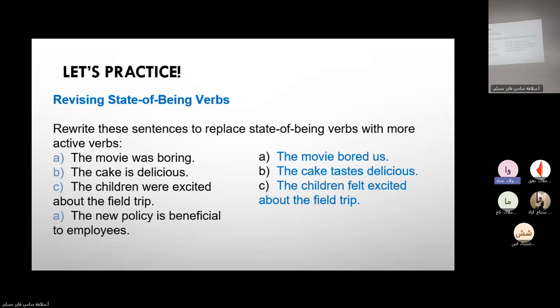I would say the new policy sounds beneficial to employees. Sounds beneficial to employees. Okay, أو بدنا نقول بكل بساطة benefits the employees.